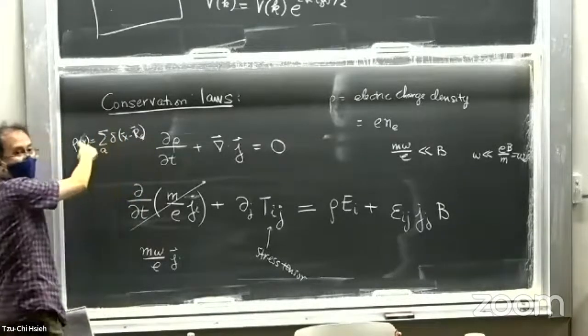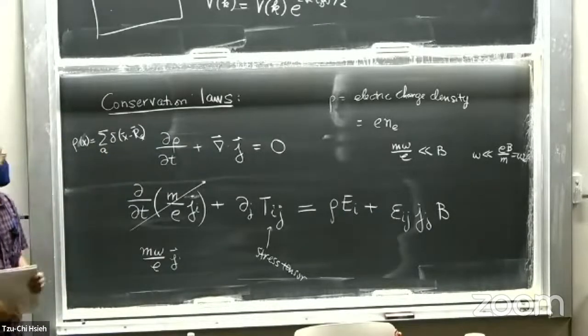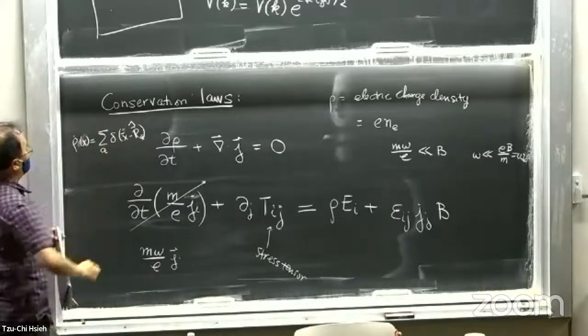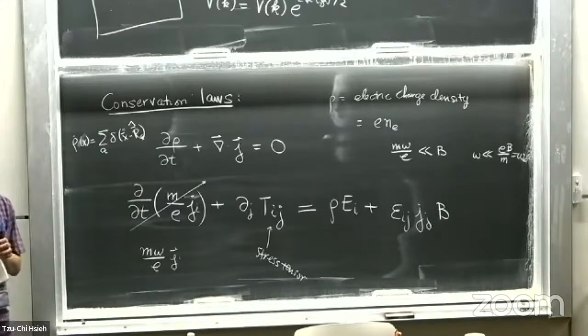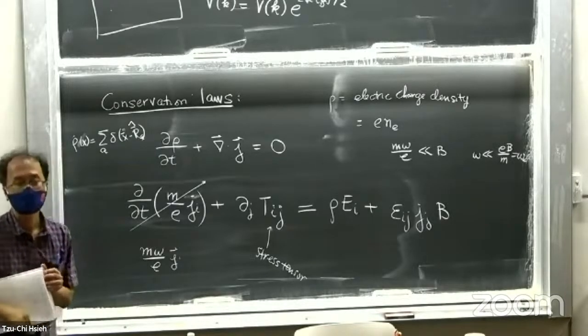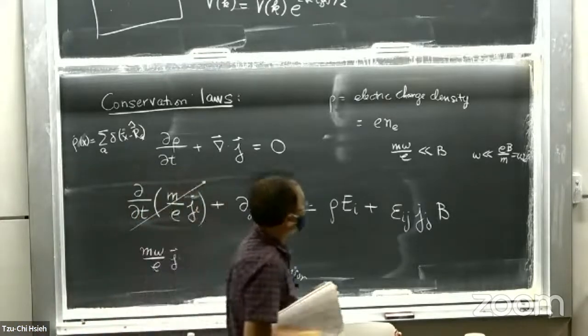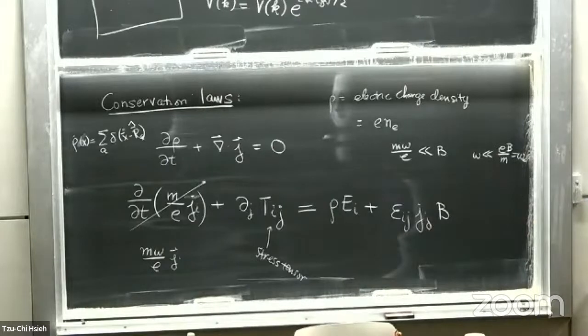Roughly speaking, this is our operator. I'm going to fix omega and then ask what is the behavior as Q goes to 0.